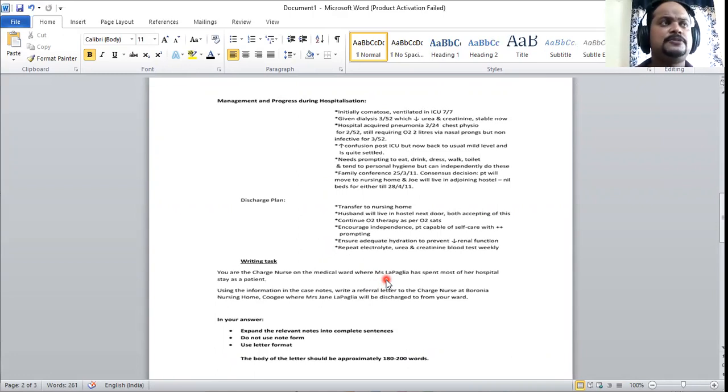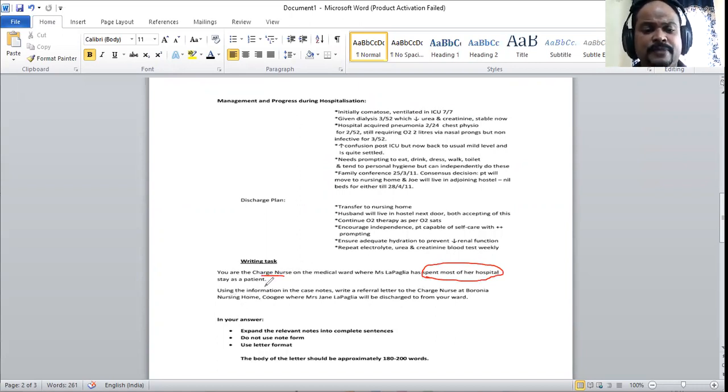She might have spent some time in the emergency department, in the ICU sometimes, maybe in the observation ward. But most of the time she spent in the ward where you were working as a charge nurse. So most of her hospital stay, she was there in some other departments.